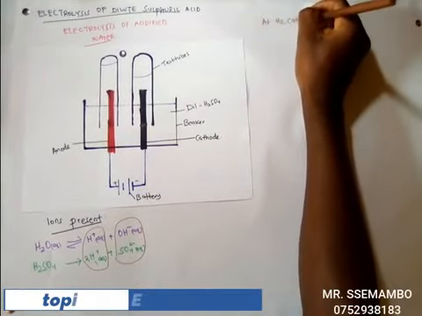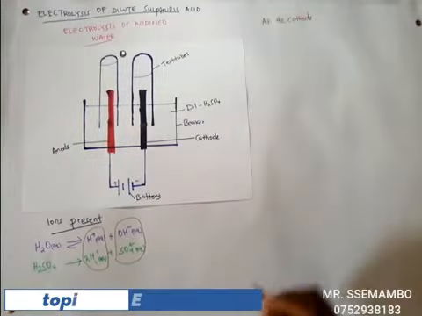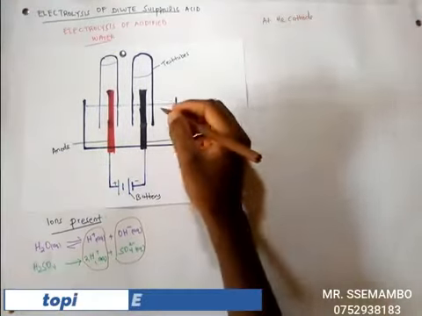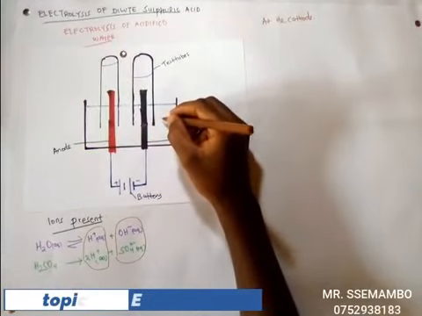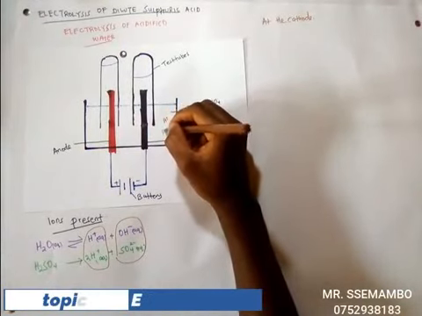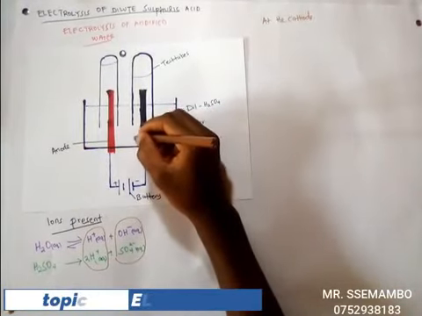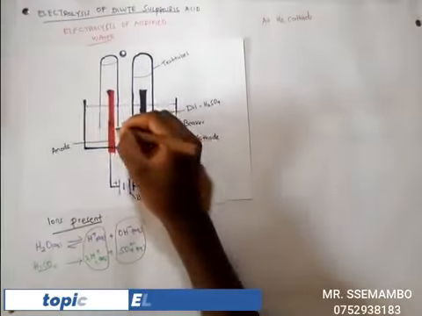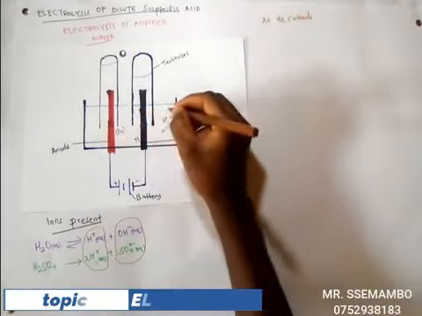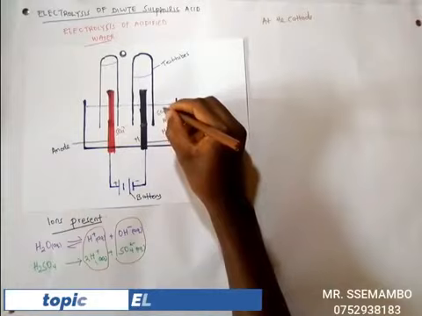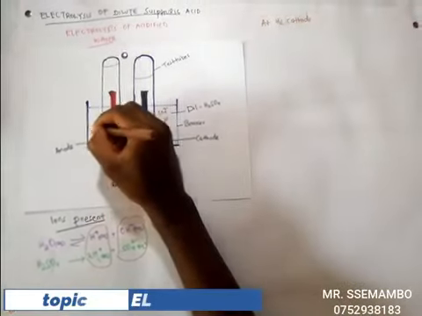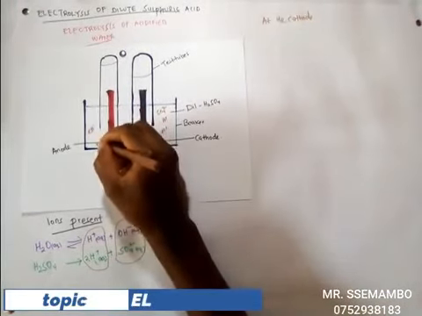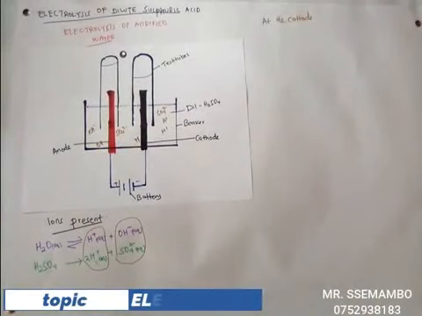At the cathode, remember, in this solution we have hydrogen ions as the positive charged ions. Then we have the sulfate ions everywhere, and the hydroxyl ions also everywhere. They are randomly distributed in that solution.